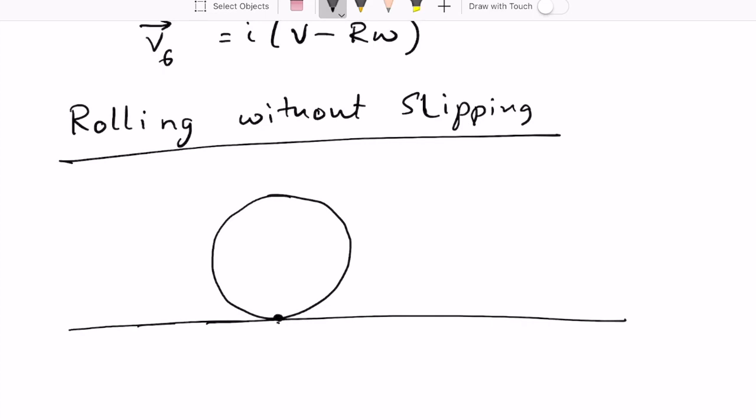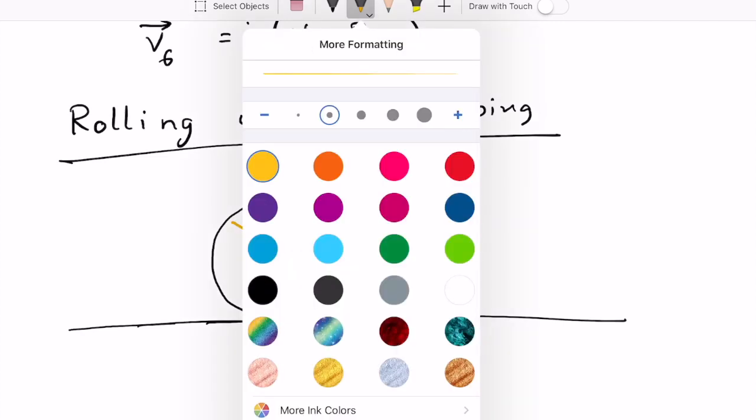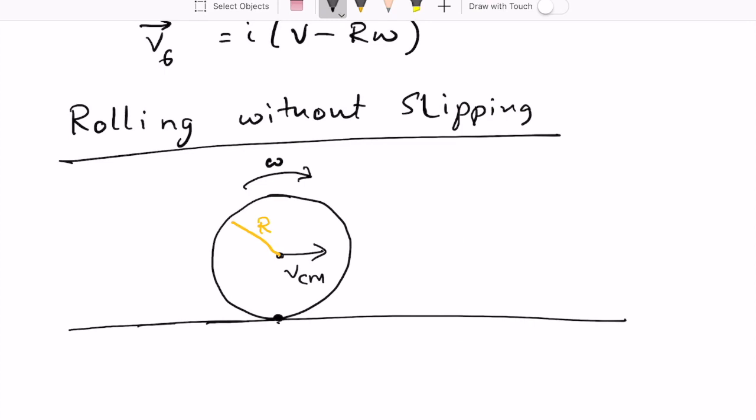Suppose this object is rolling with angular velocity omega and the center of mass of the object is moving with a velocity vcm. The radius of the object, let's say, is r. In general, what is the velocity of the bottom point of this object? That is exactly what we just calculated.